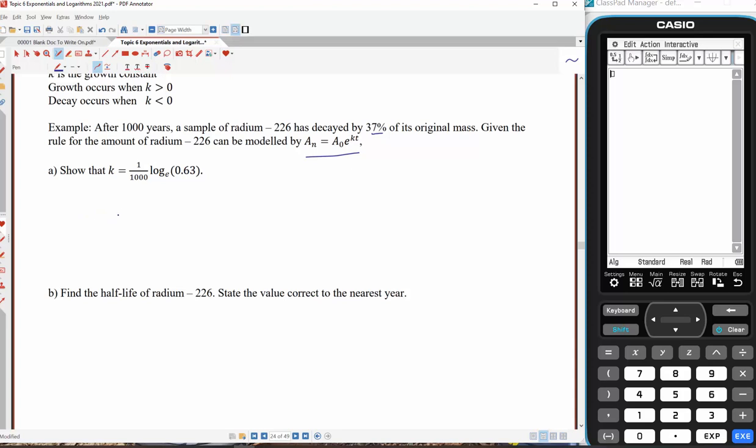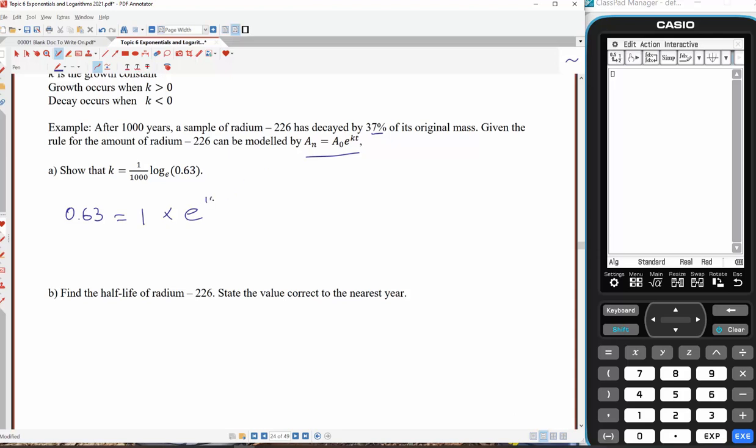The amount that we have left is 0.63, equals the amount that we started with, which is 1 unit. All we do is treat this as 1 unit, and this is 37% of 1 unit, i.e. 0.63 remain, multiplied by e to the kt. Now k is what we're trying to find out, t is what we know.